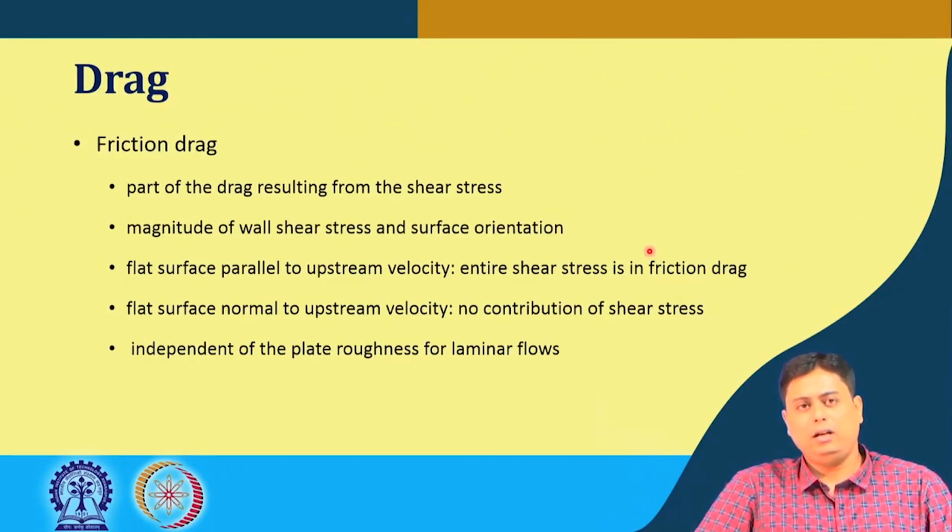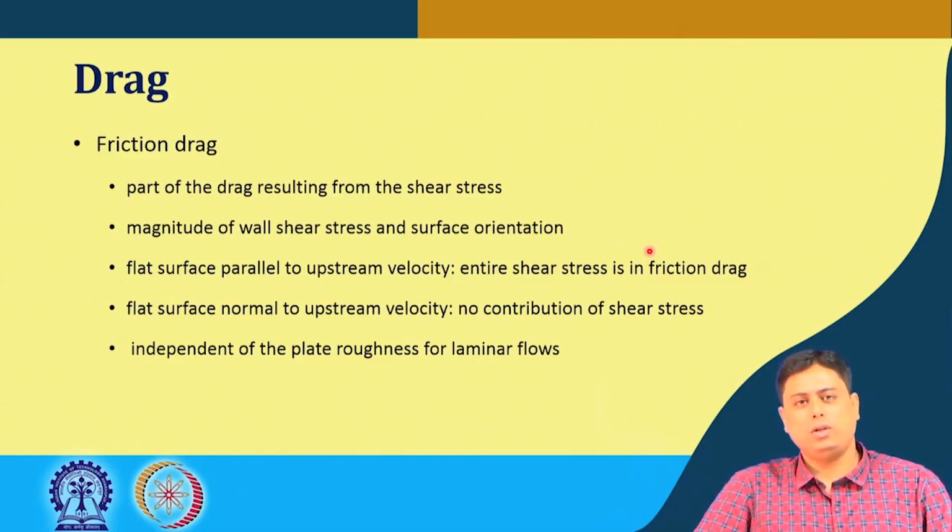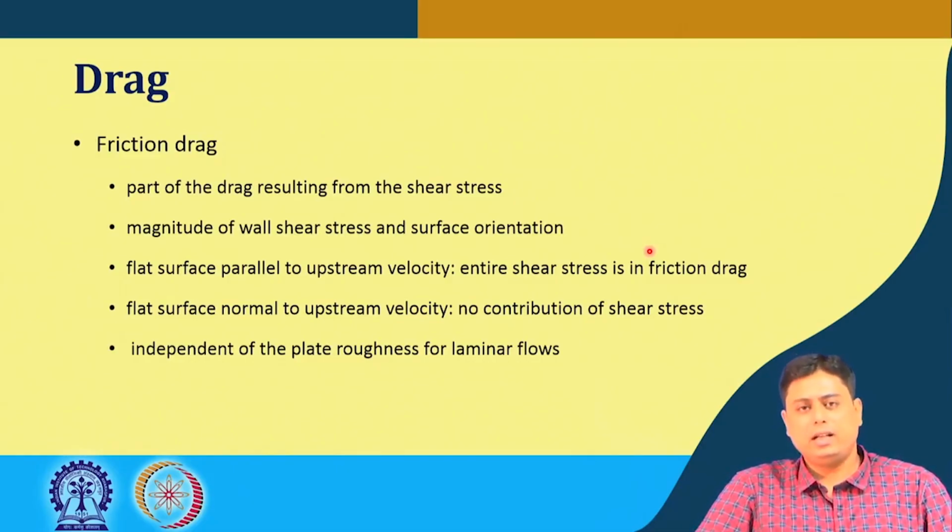But on the other hand, when there is a flat surface normal to the upstream velocity, there is no contribution of the shear stress, and the overall resistance is contributed by the normal forces. Typically, this drag is independent of the plate roughness for laminar flow, but for turbulent cases it drastically increases with the plate roughness.